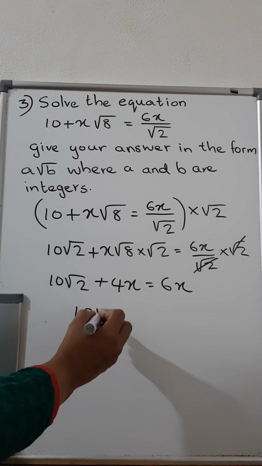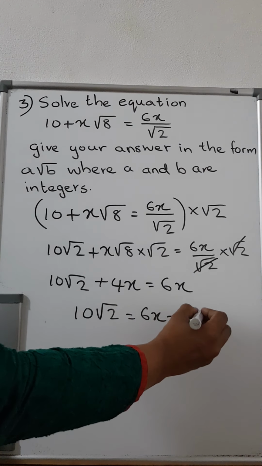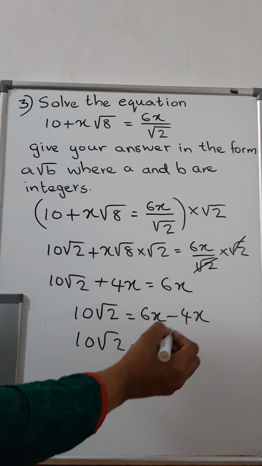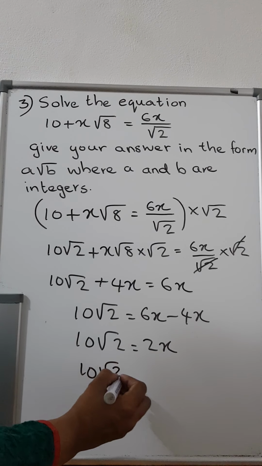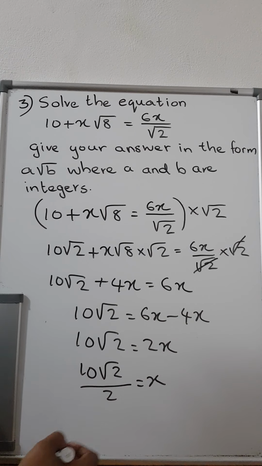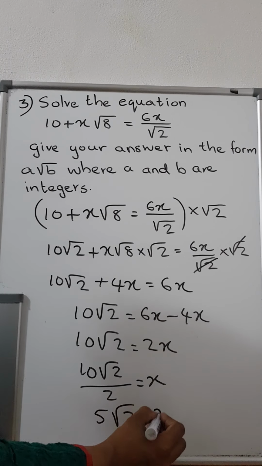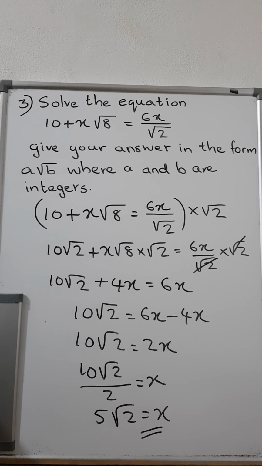So 10 root 2 is equal to 6x minus 4x, which is 2x. 10 root 2 divided by 2 is equal to x. 10 and 2 get cancelled. 5 root 2 is equal to x. We found our unknown x.